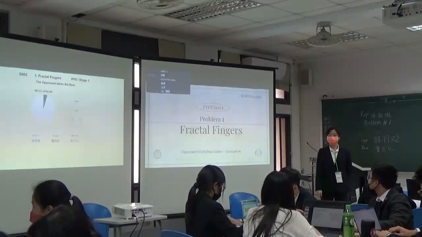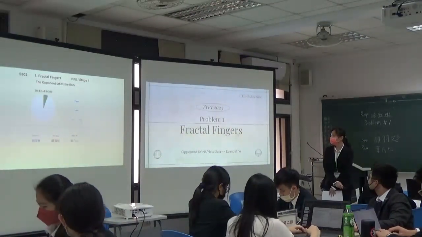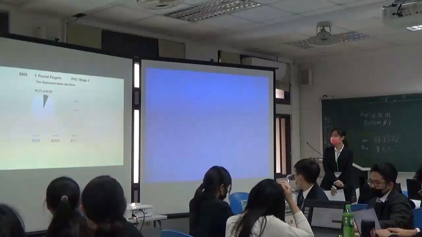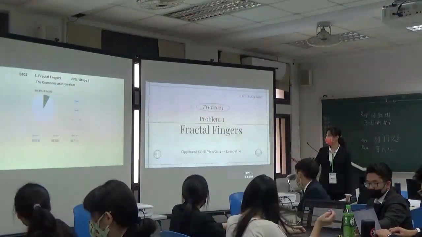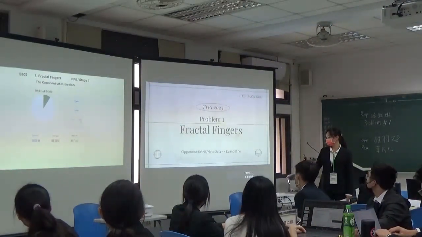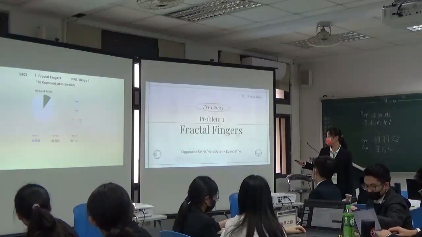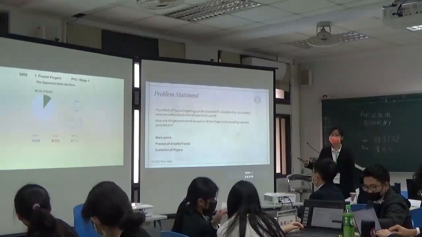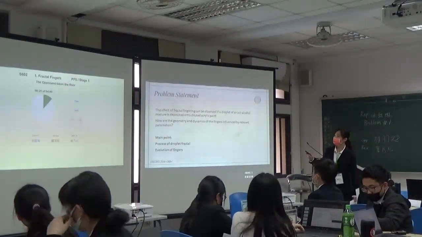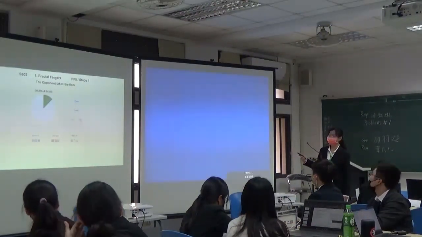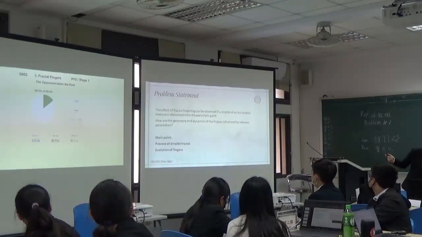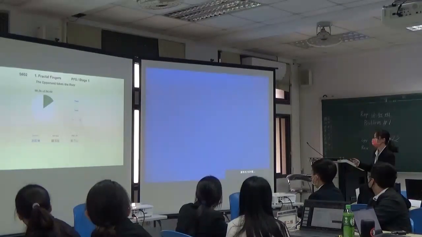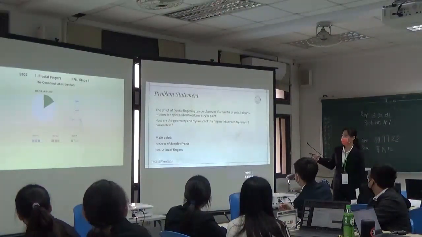Dear judges, reporter and reviewer, my name is Evangeline from KGHS Newgate, and today I'm talking about fractal fingers. So first is the problem statement. The effect of fractal fingering can be observed if a droplet of ink and an ink alcohol mixture is deposited onto diluted acrylic paint.